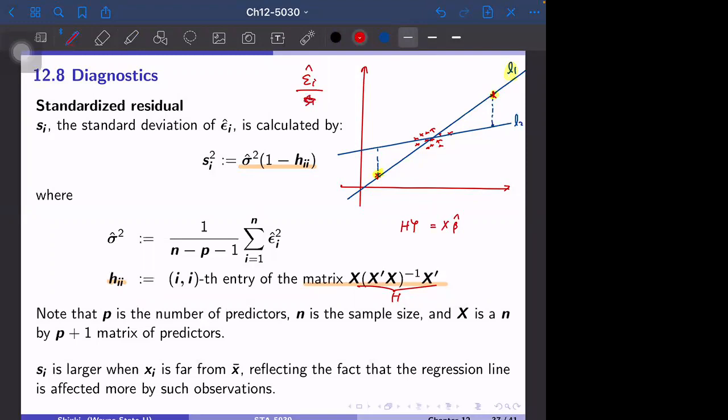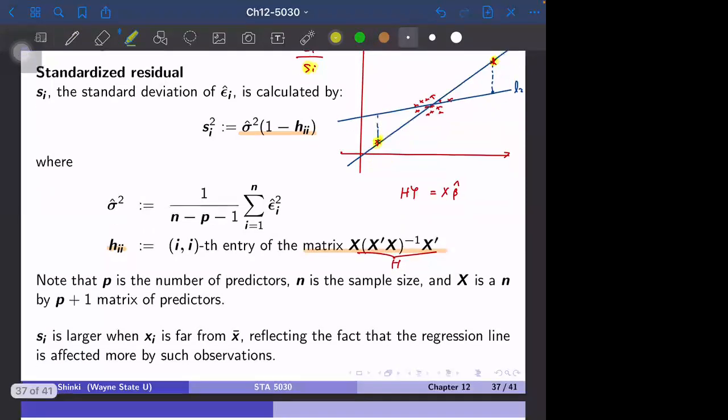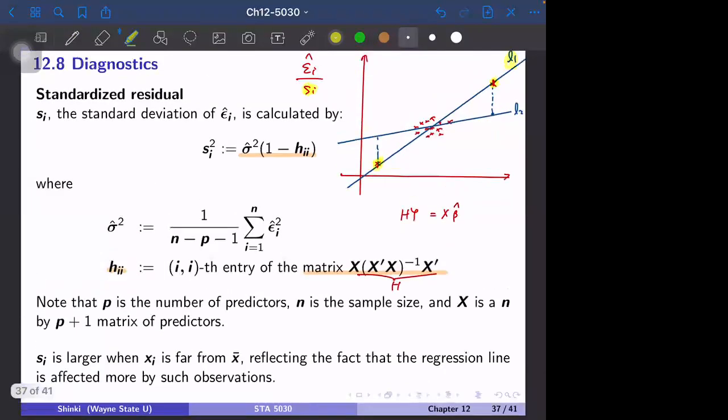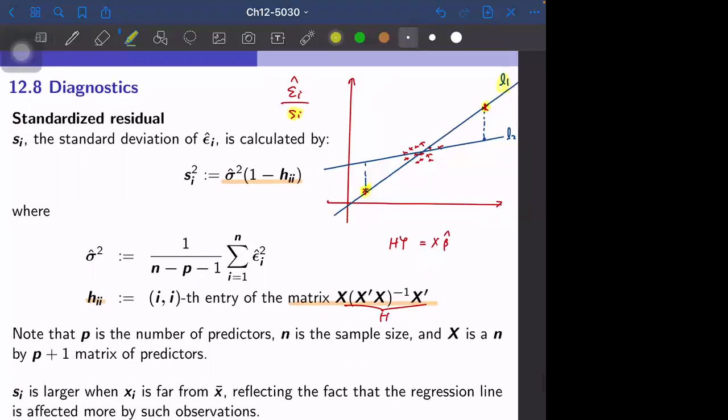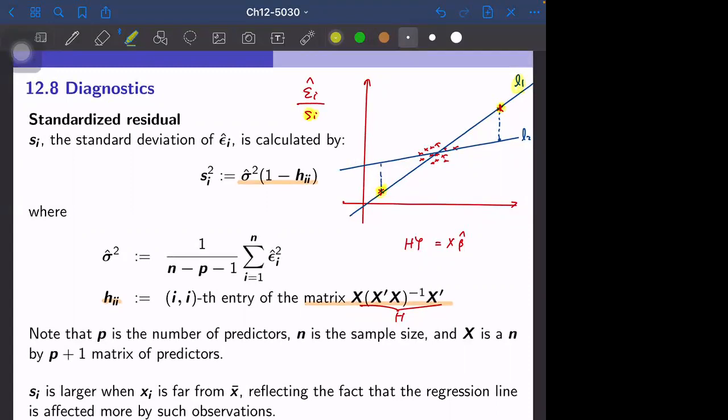So s_i is smaller for these two observations. So we should have small s_i so that the standardized residual gets larger. But anyway, this is a technical adjustment for the residual. So always the s_i is larger when x values are far away from the center.